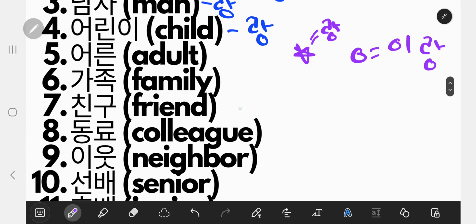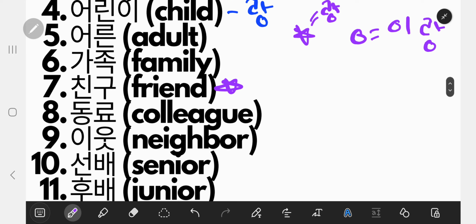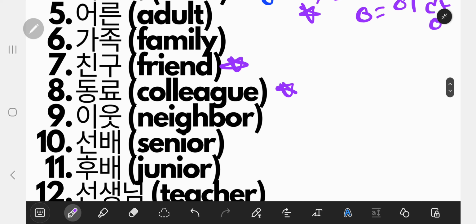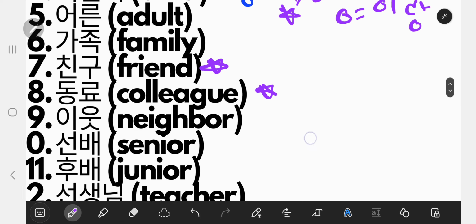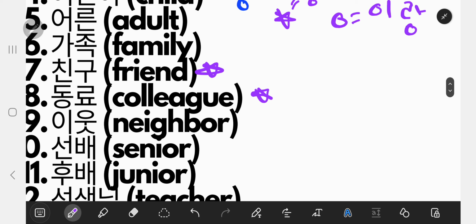So 친구, 3, 2, 1, 랑. So star. 친구랑. 동요, 3, 2, 1, 동요랑. Star. 이웃, 3, 2. We usually say 옆집 사람들 or 옆집, but let's just go with this for now. 옆집 means next door neighbor, but let's go with 이웃. 3, 2, 1, 이웃이랑. Remember? Consonant sound ending.